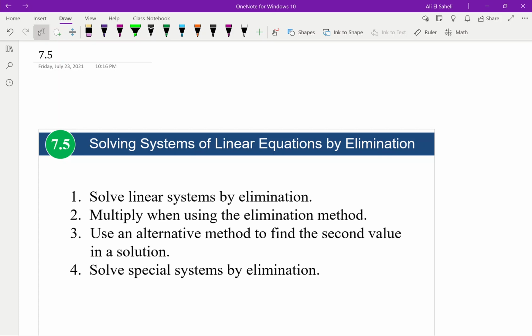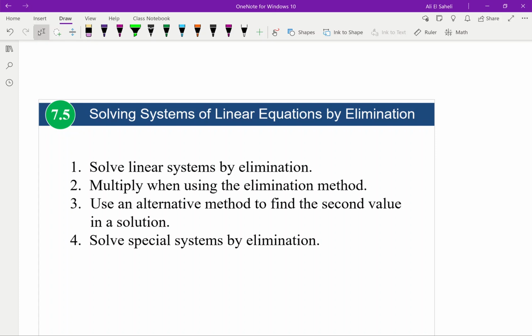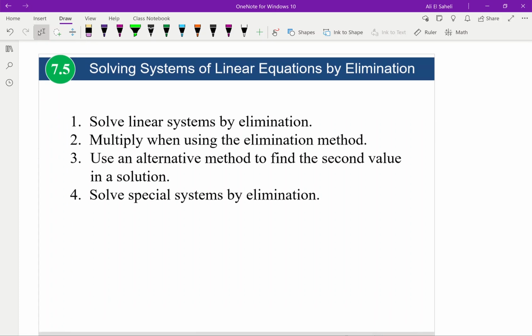You can program the method, use whatever language, C++, Java, and then you can easily, not easily, but you can solve very large systems. And this is the method that is used in real life mostly. So we will learn how to solve linear systems by Gaussian elimination.